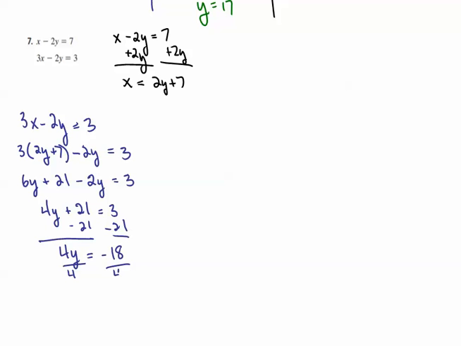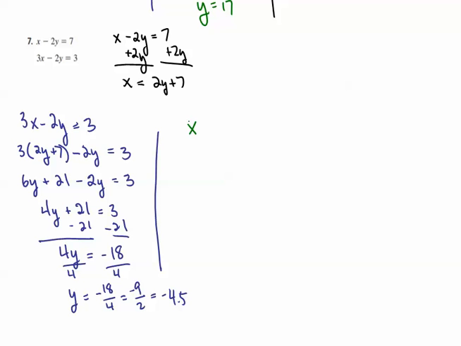Dividing by 4, and I get y is equal to negative 18 fourths, which is negative 9 halves, or which is negative 4.5. Doesn't really matter to me which one of those we use at that point.